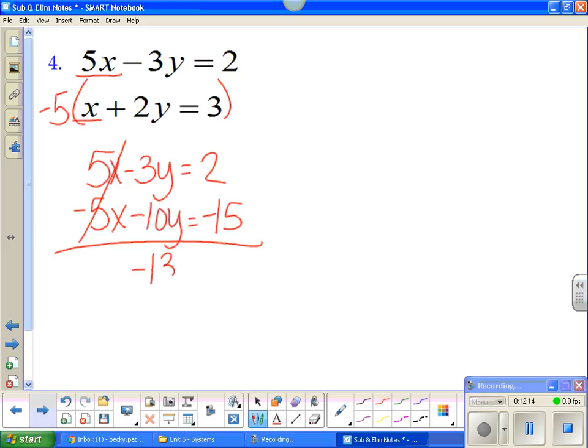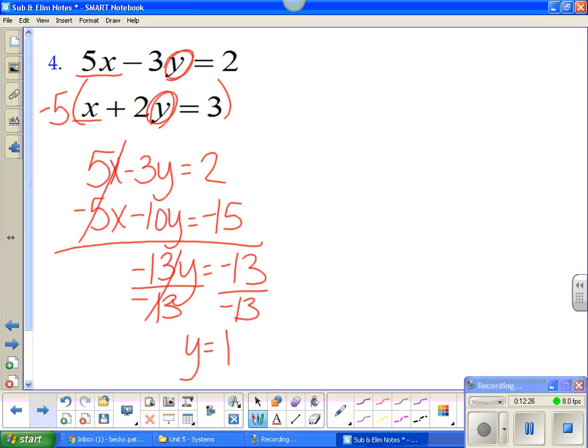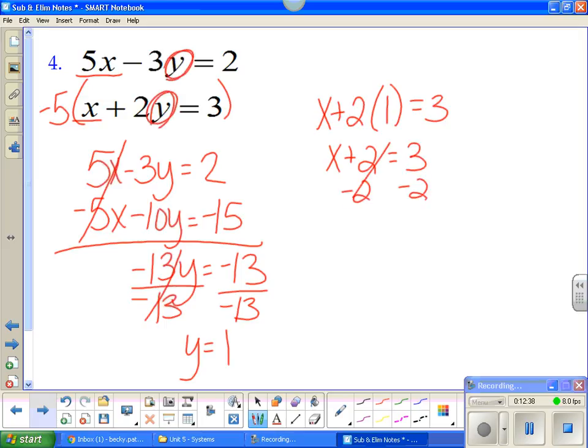So that would give me a negative 13y equals a negative 13. Divide. y equals 1. So I can go either here or here. I'm going to go to the bottom. So x plus 2 times 1, so my answer is 1, 1.